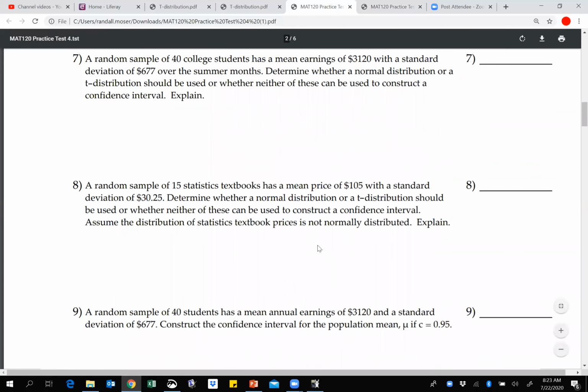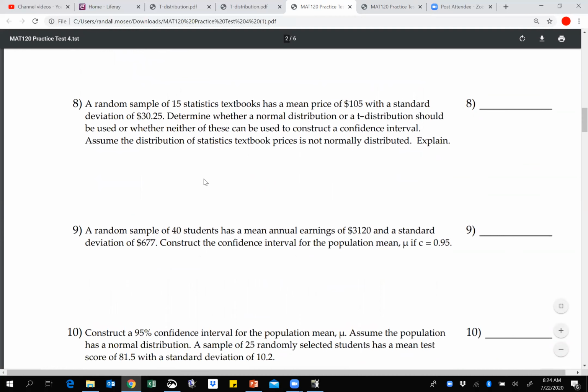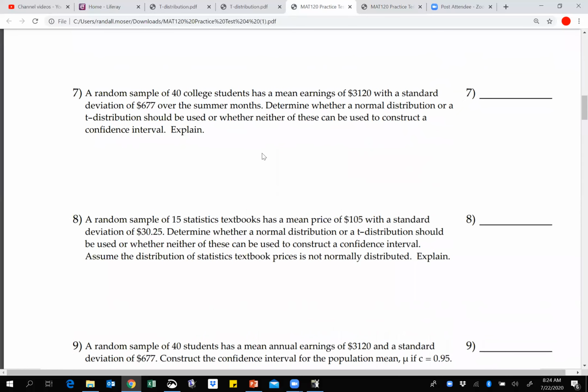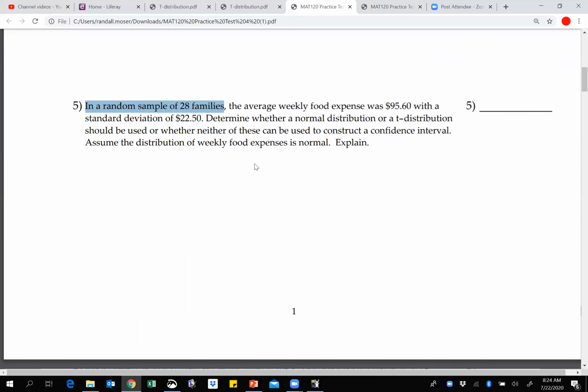Question 8 is kind of a trick question, if you will. It's not going to be on the exam, but what's going on with number 8 is they give us a small sample size with a standard deviation s. So normally this would be the t distribution, but they don't say that the information is normally distributed. One of the things that's important to always remember is whenever we're doing either a z-score or a t-score, we need to know that the underlying information is normally distributed.